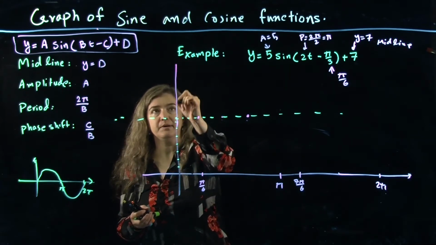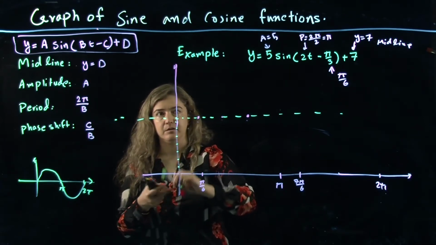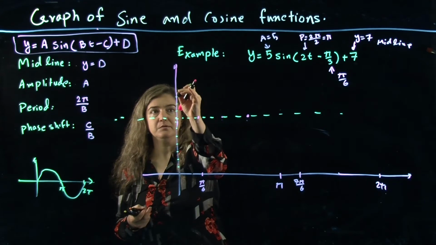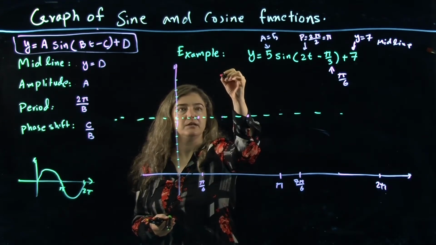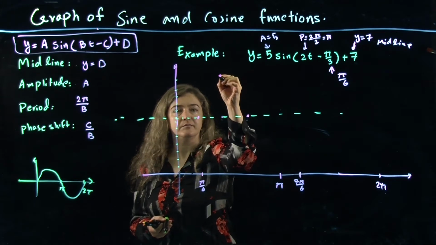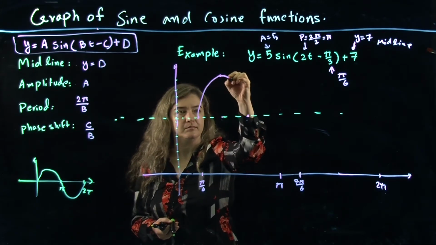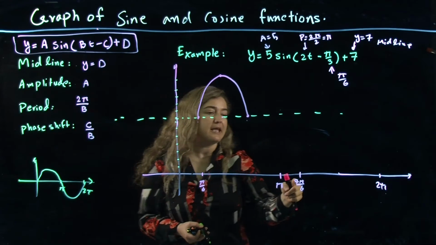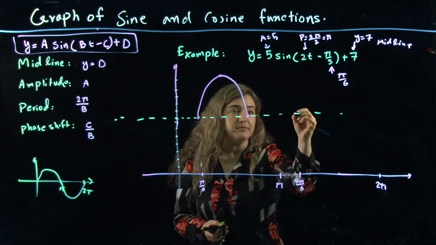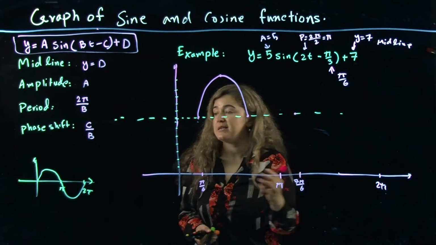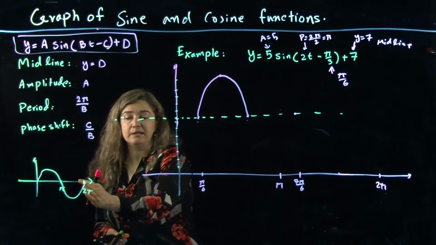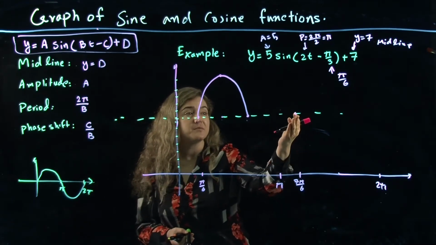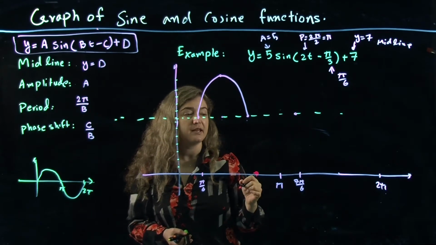So going up, 1, 2, 3, 4, 5. And I have it right here. And again, the same story at 7 pi 6th, it corresponds to this 0. 0 has moved up 7, so it's going to be right there.